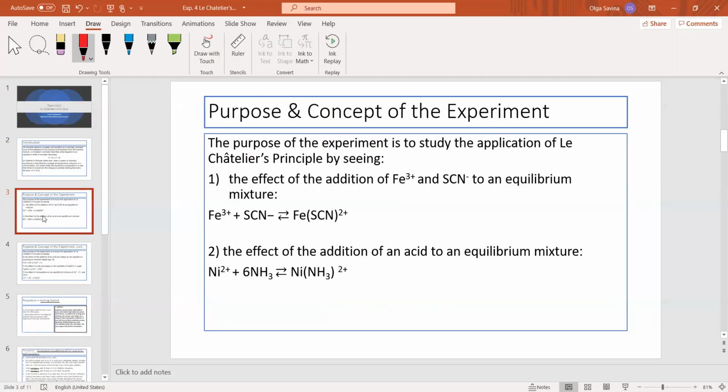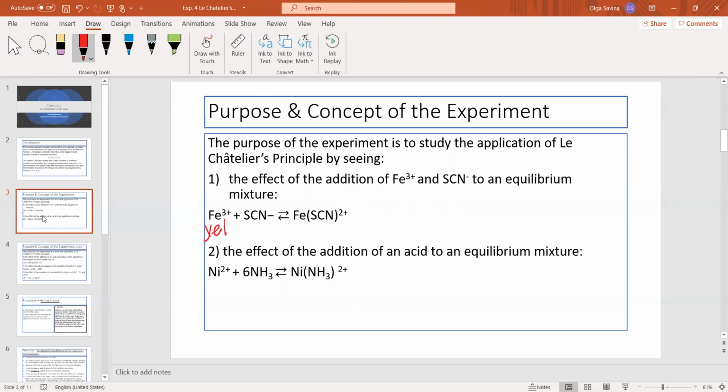So the iron solution in our case will have a yellow color, the thiocyanate solution is colorless, and our complex will have a very intense red color. Just looking at the colors, we can determine whether the equilibrium shifted towards products or towards reagents. Let's discuss it.